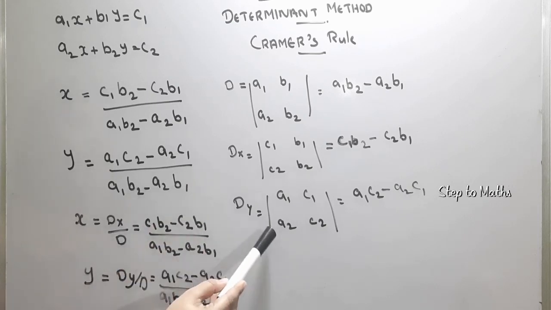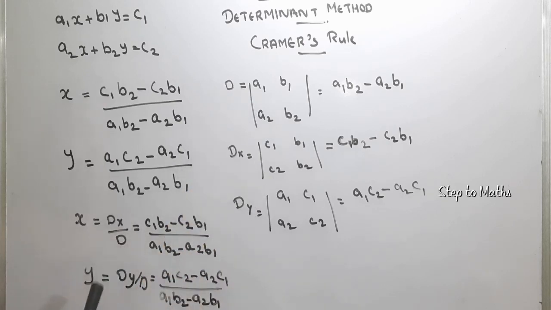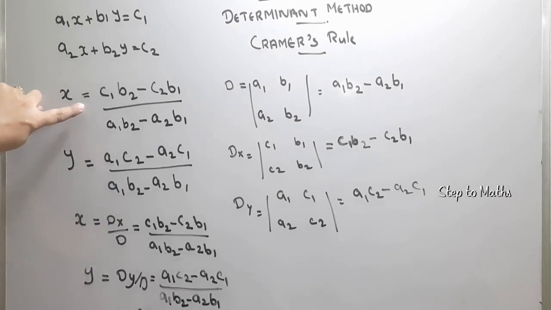But this is the determinant method, dx, dy, and x is dx by D. If we compare this, we can find that it is the same. That's why we say that Cramer's rule is easier. Using Cramer's rule, we can easily find the solution for a linear equation with two variables.